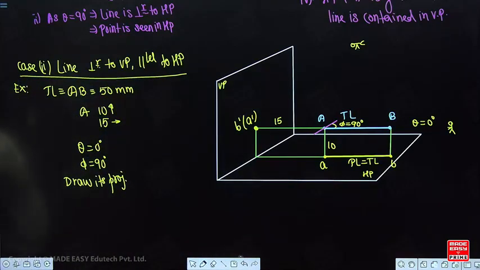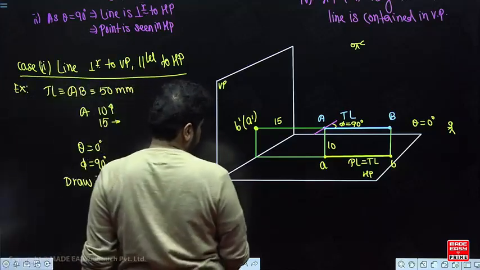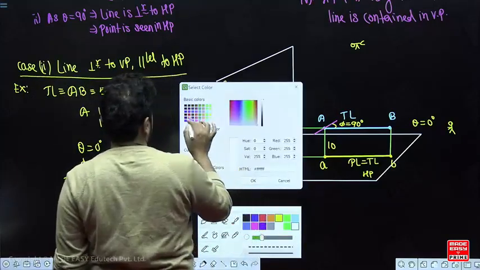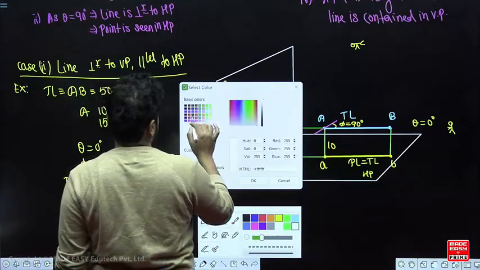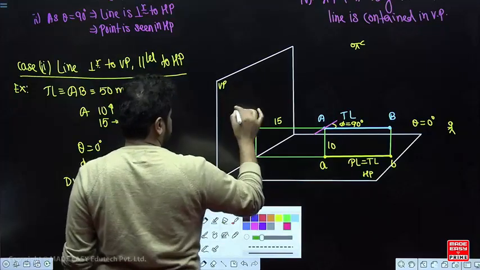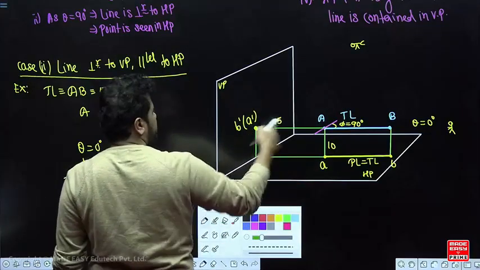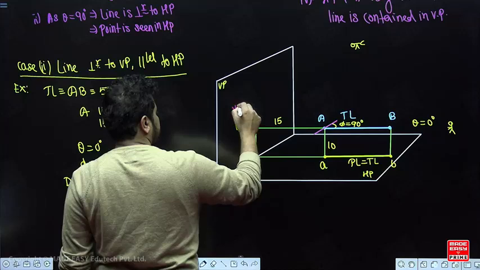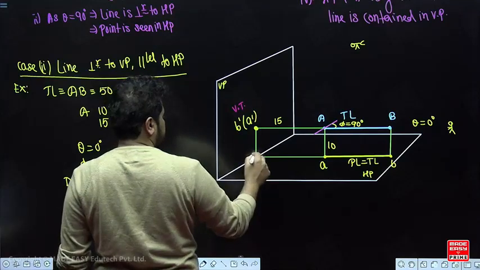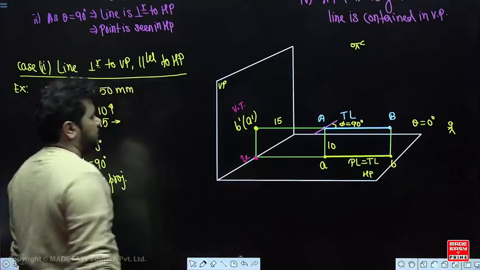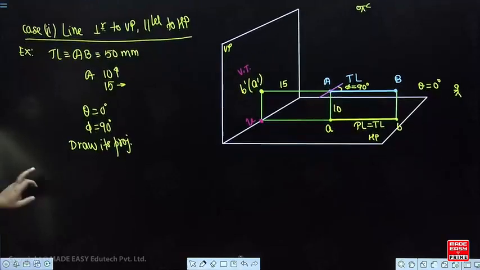So projection of a line when parallel to HP and perpendicular to VP. So which trace you are going to see here? So this trace will be only this point trace. So this will be the vertical trace. Projection of vertical trace will give you small b. Done.